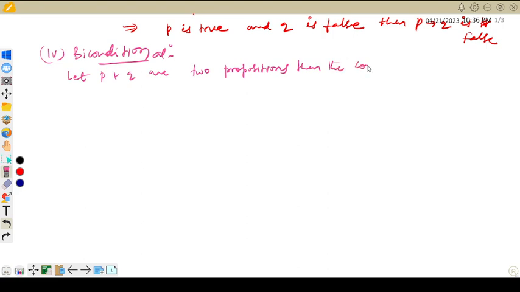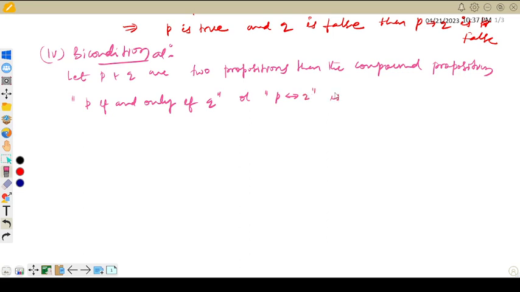Then the compound proposition P if and only if Q, symbolically with a conditional in both directions, that is the biconditional, is called the biconditional.